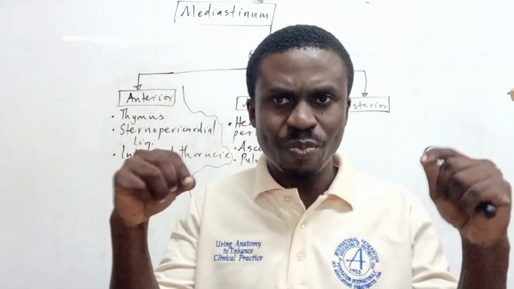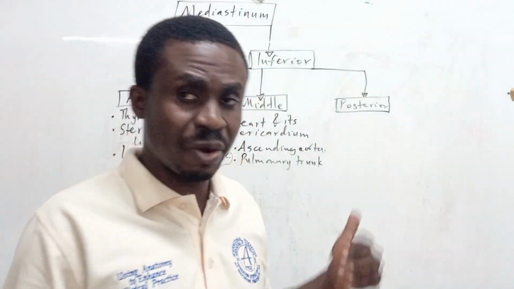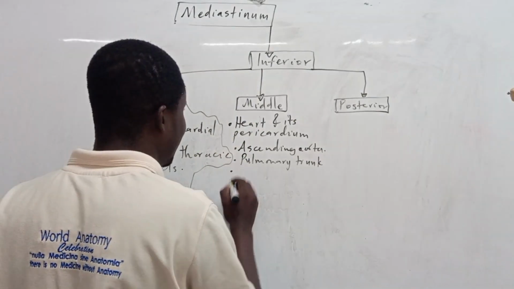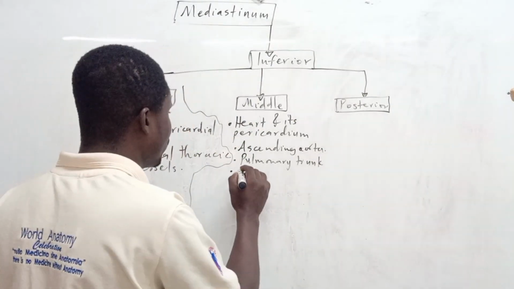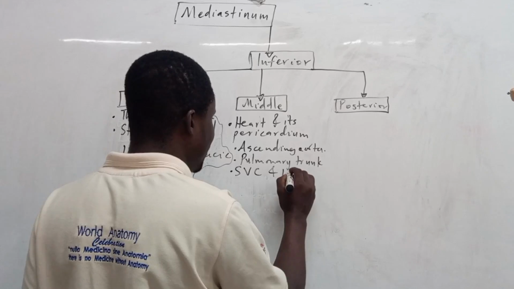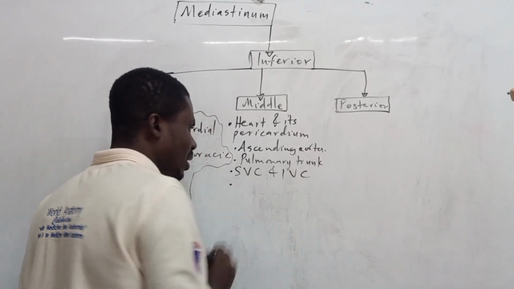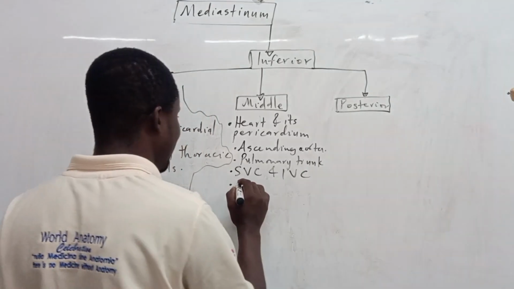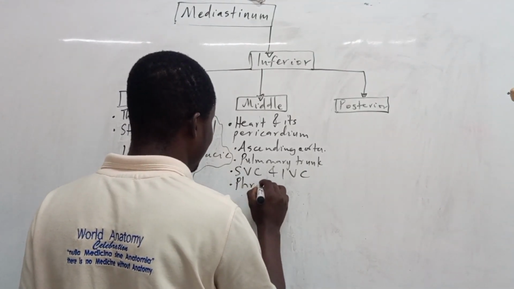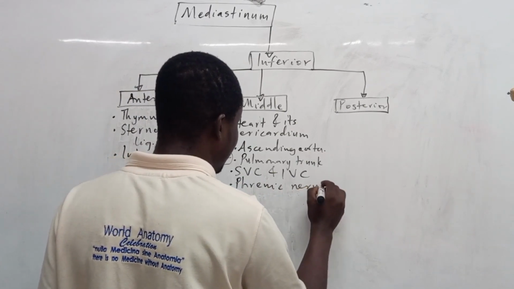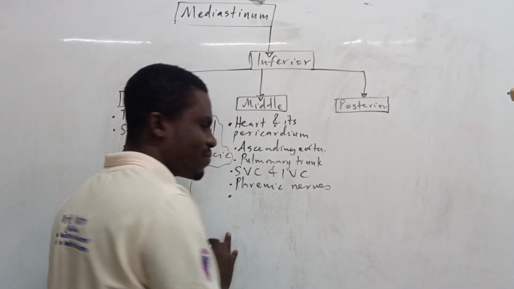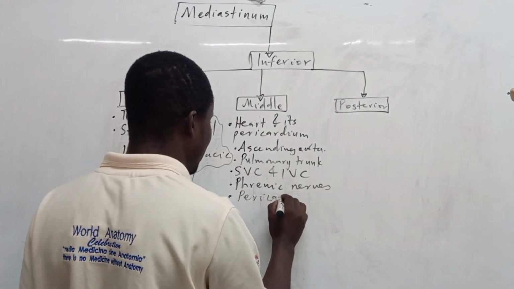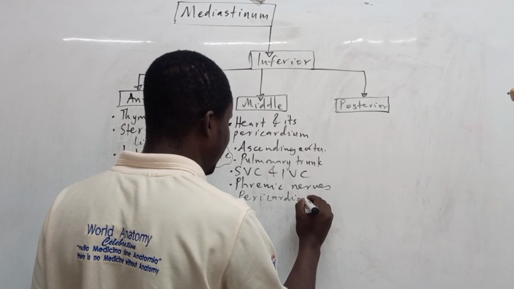They will also be there, as the first branches coming from the aorta by way of the ascending aorta. Yes, not only that, we mentioned the superior vena cava and inferior vena cava. We also mentioned the left and right phrenic nerves. And whenever phrenic nerves are running, we have the pericardiacophrenic vessels.